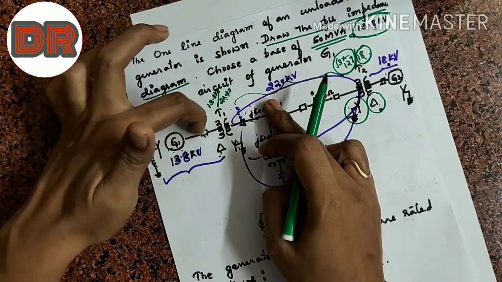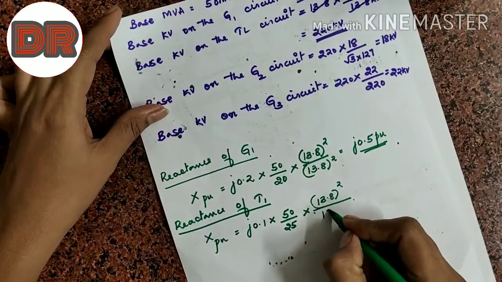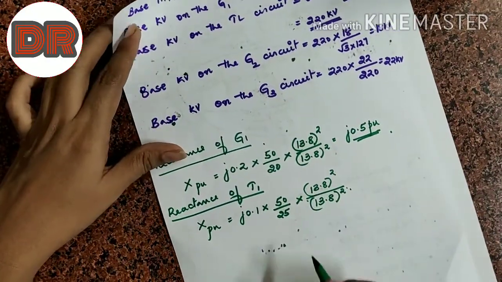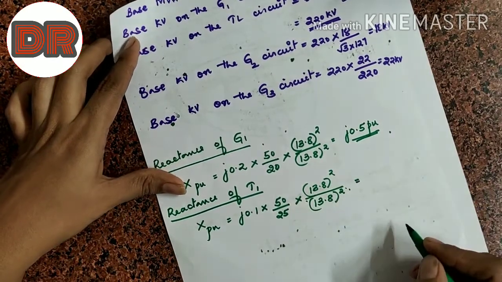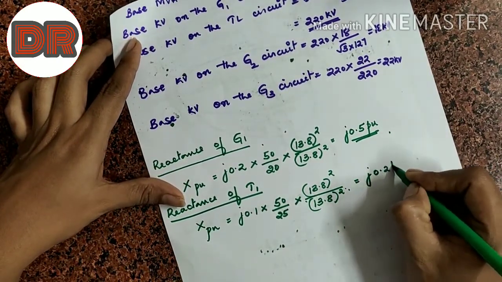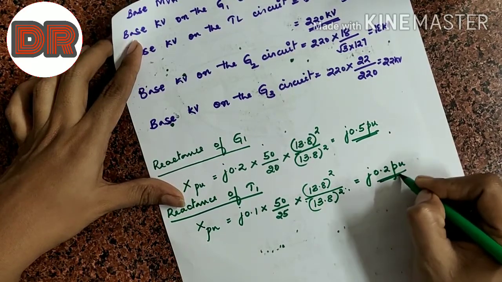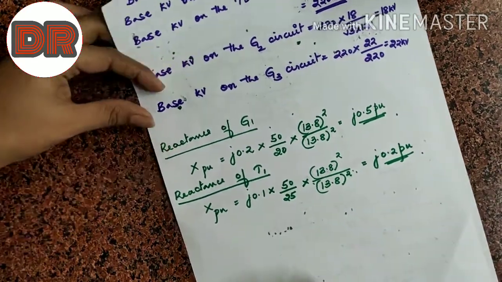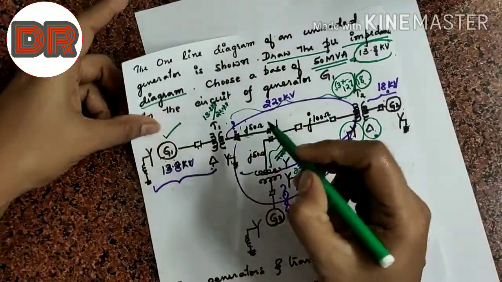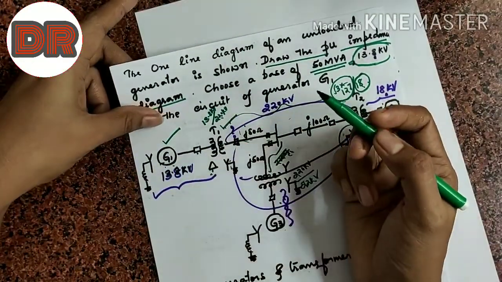So already decided that is generator G1 side, so it is 13.8 kV, 13.8 square. After calculation this gives j0.2 per unit. So we finished generator, we finished transformer T1.